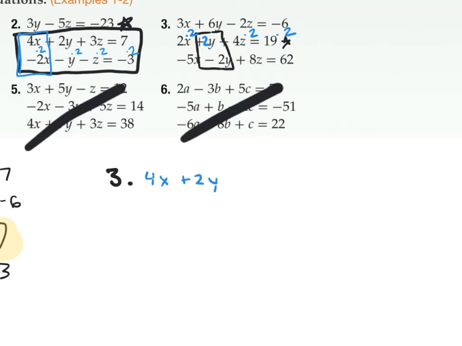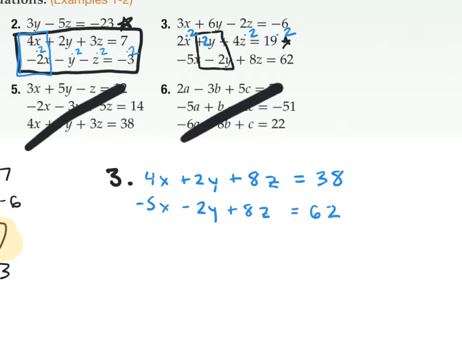What's 4z times 2? 8z. And what's 19 times 2? 38. And then we can just rewrite our third equation right below it. So that's negative 5x minus 2y plus 8z is equal to 62.